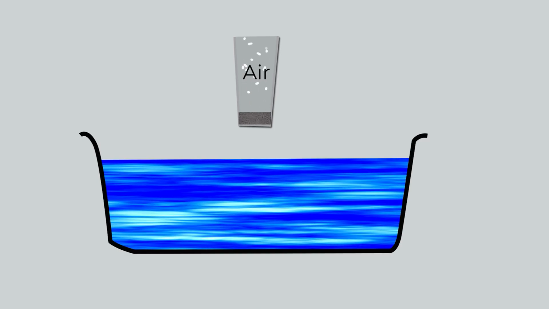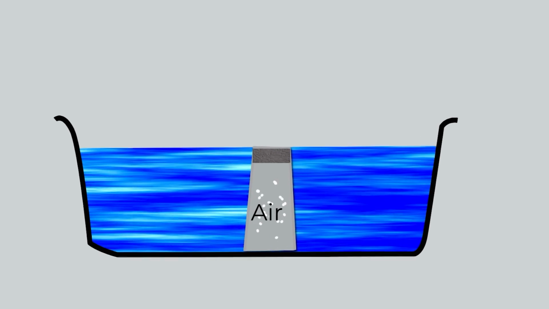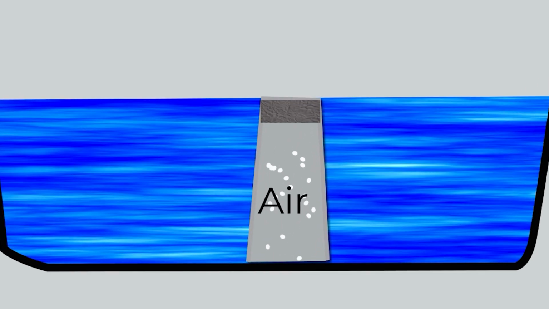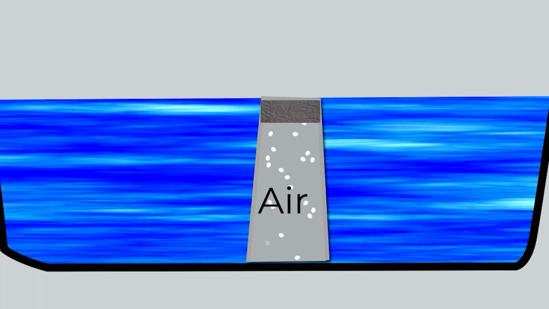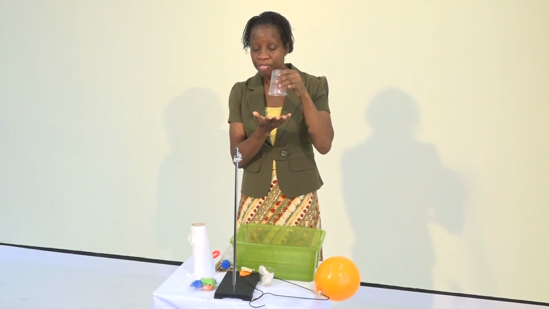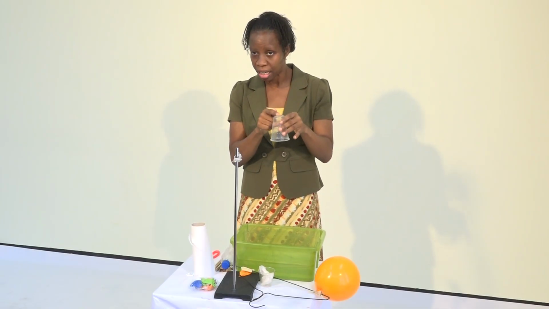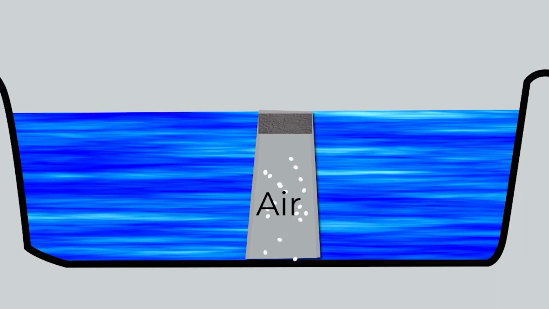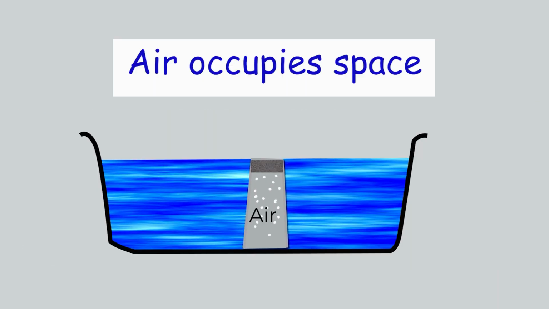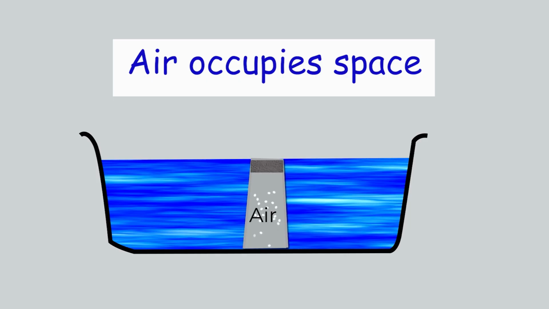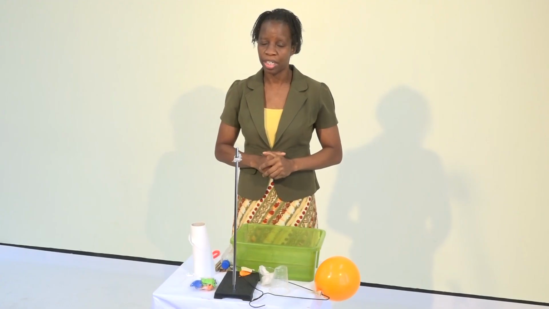Because when we pushed down this cup into the water, there was a column of air in this cup, and so the column of air prevented the water from reaching that piece of paper, and hence it remained dry. So this proved to us that air, again, occupies space. Good, very good. I hope you enjoyed that.